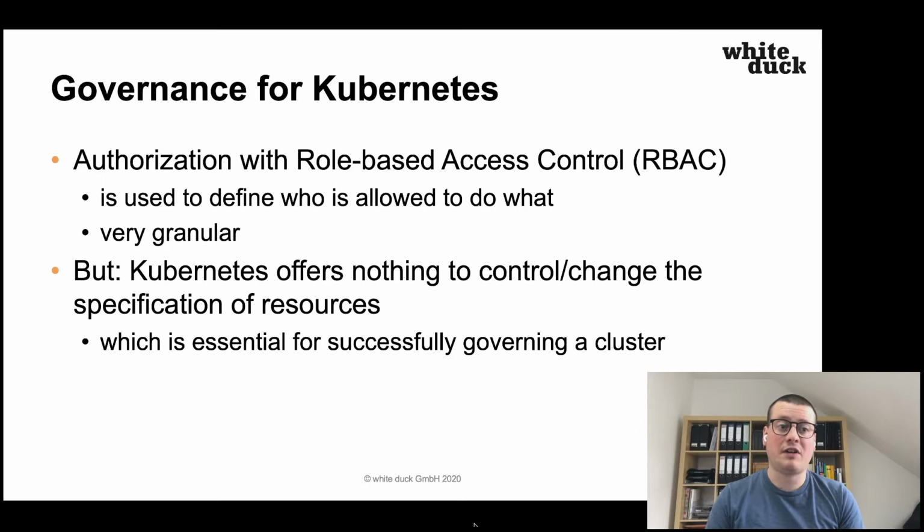So we cannot define out of the box that a certain deployment needs to meet certain criteria or definitions. So let's say we do not allow any containers from an untrusted registry or things like this. Now, there are specific things we would like to enforce or audit on a specification level of our resources, which is not possible out of the box with Kubernetes at all.